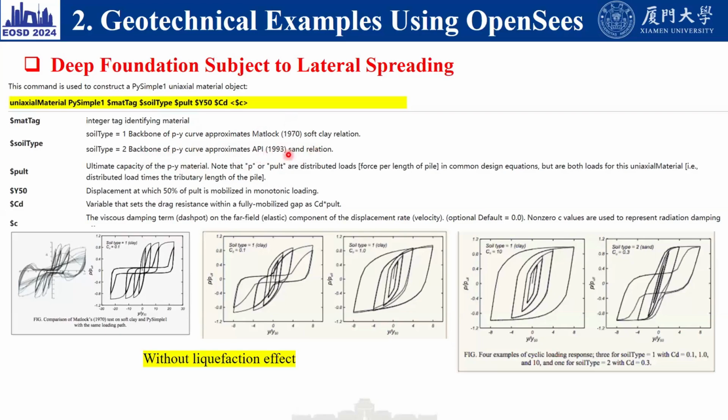These two springs are widely used in wind turbines, right? In this uniaxial material, you also have to specify the ultimate capacity of PY and the displacement at which 50% of the ultimate strength is mobilized. This model can also be found on the OpenSees website. Here I just show some representative results.